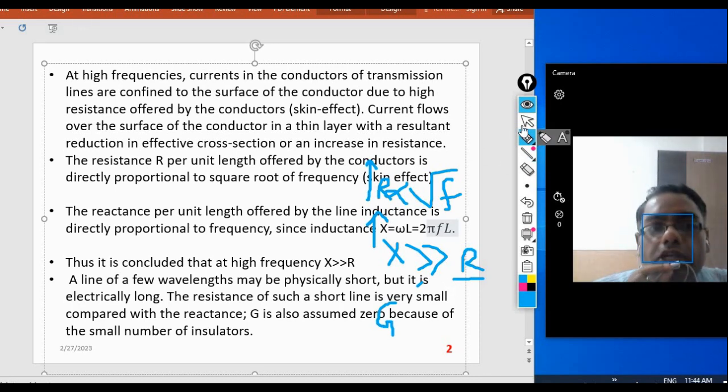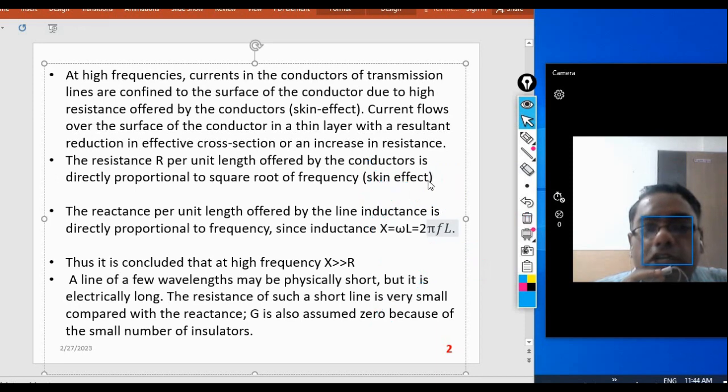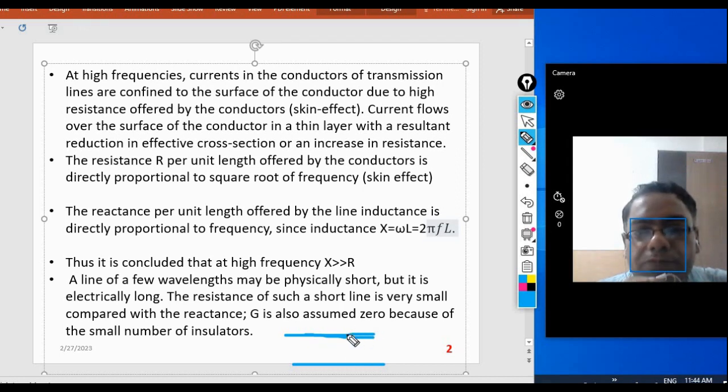Now this is quantitative. Qualitatively it can also be proved. If we take a very short wire, a short wire will have less conducting material and insulating material, so R may be less and G may be less, but this small wire may cover several wavelengths, because at high frequency the wavelength is small.